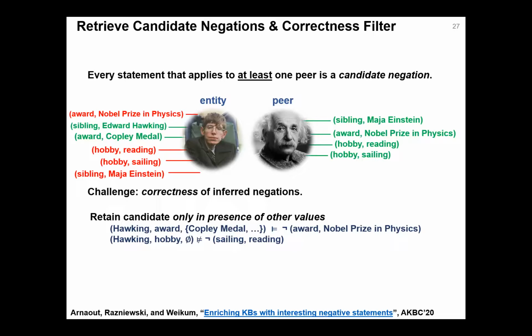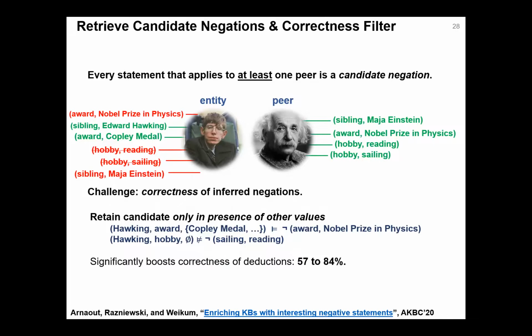So we cannot make sure that he doesn't like reading and sailing because he doesn't have other hobbies in his positive information. So the heuristic would be to delete everything where the relation doesn't exist, and keep everything that some object for that relation exists. And this simple heuristic significantly boosts the correctness from 57% to 84%.